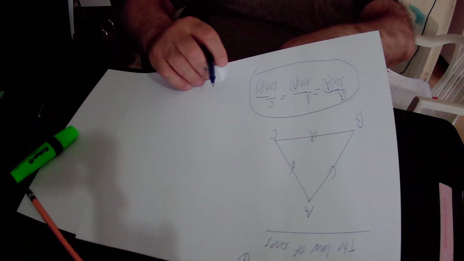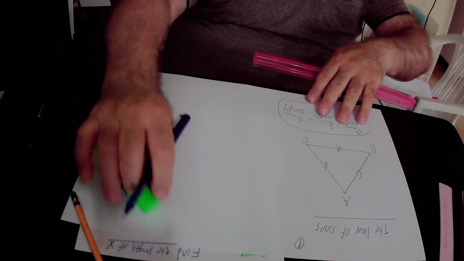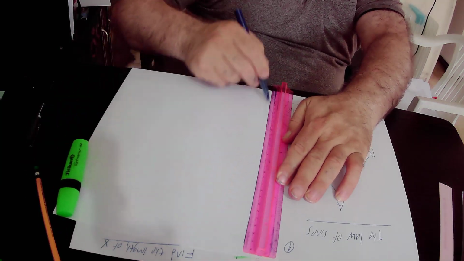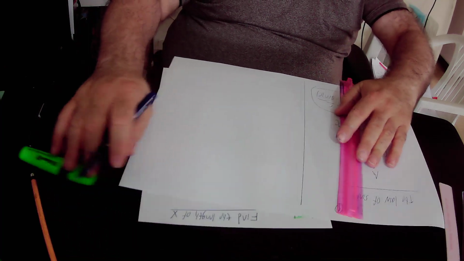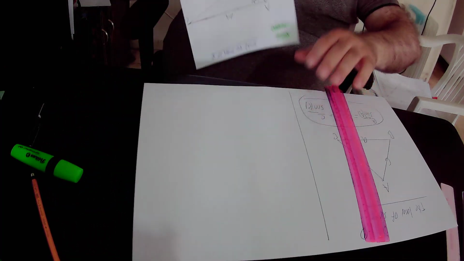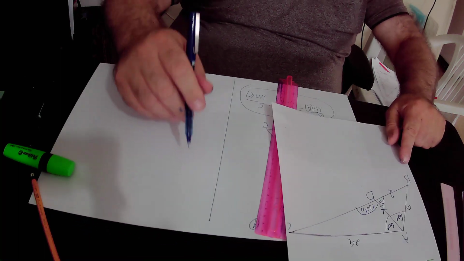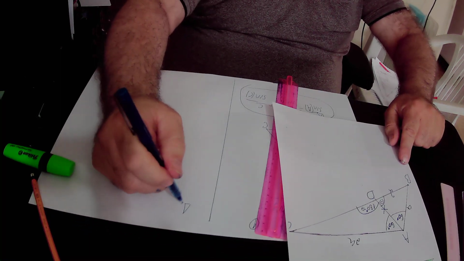You can implement the law of sines in a triangle. We will implement the law of sines in triangle ABD.